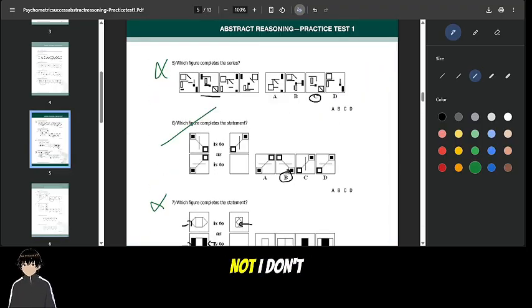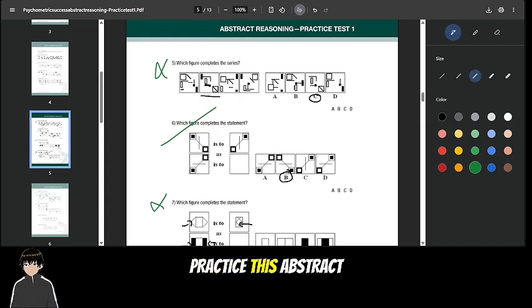Mind you, I don't have any training on this. I don't really practice this abstract reasoning test, but 7 out of 10, pretty good. But it's technically 8 out of 10, because my reasoning for the other number was practically flawless, bro. It's 8 out of 10.